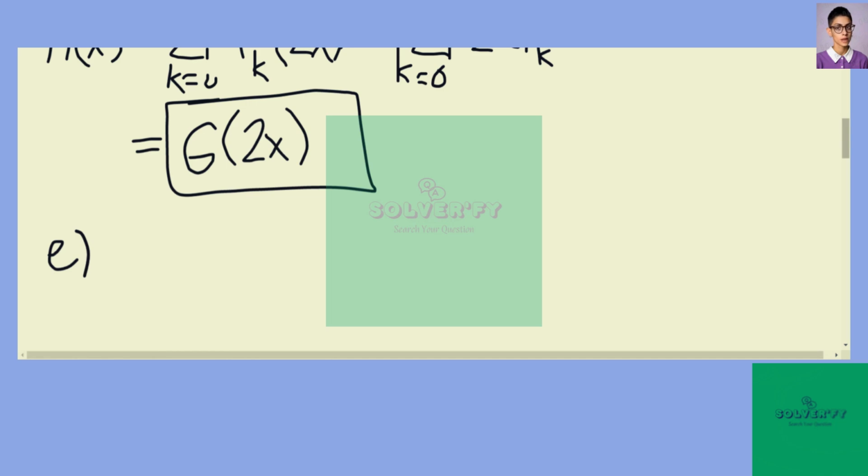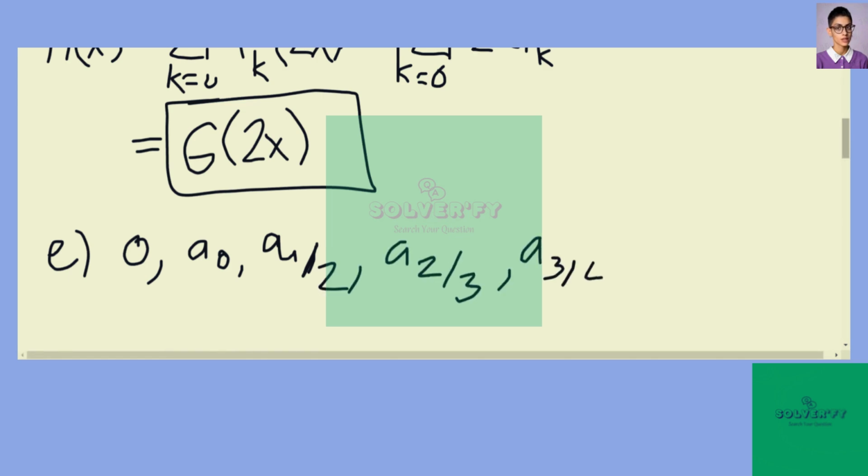In part E, we're given the sequence 0, a0, a1 over 2, a2 over 3, a3 over 4, and so on. We're told, as a hint, that we should use calculus.